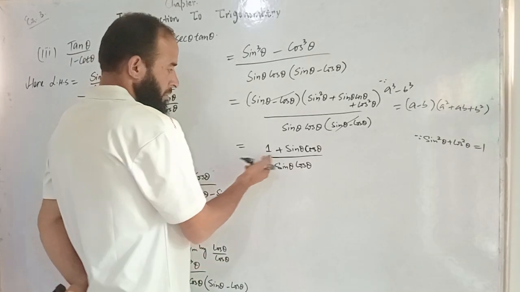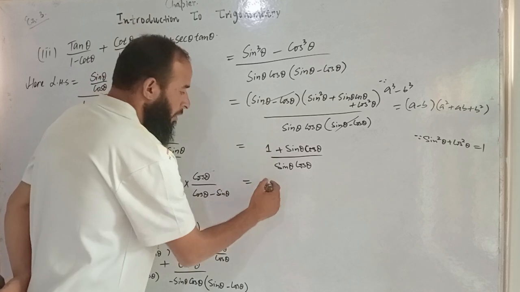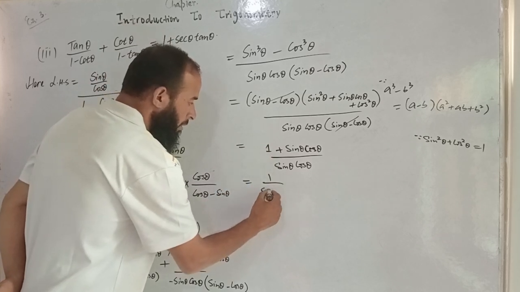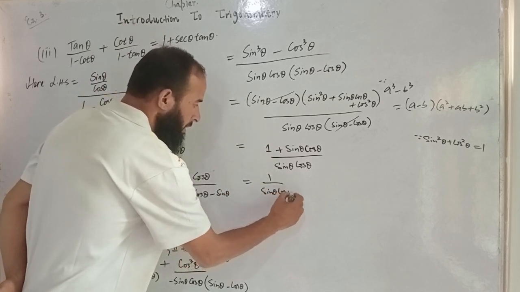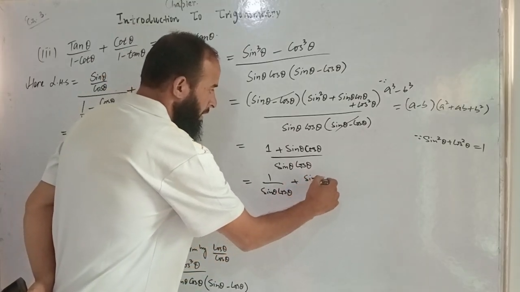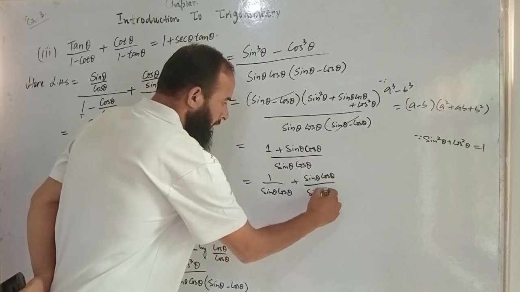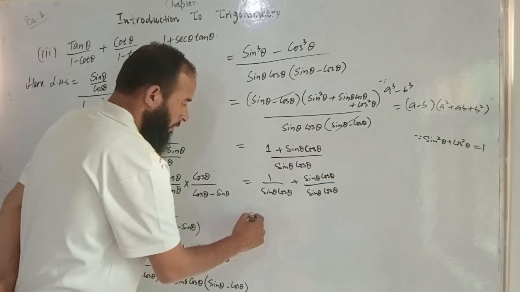Okay, now let's distribute the denominator. It will be 1 upon sin of theta cos of theta, plus sin of theta cos of theta divided by sin of theta cos of theta.